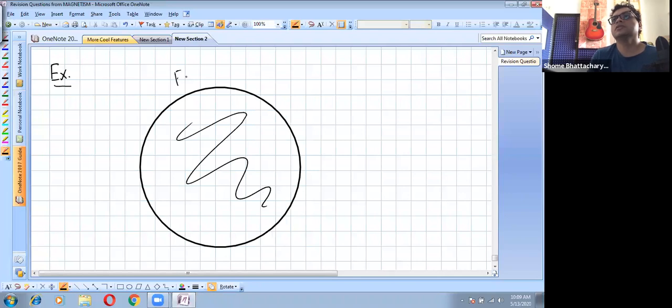So this is Earth. It has acceleration due to gravity at the surface of this much.